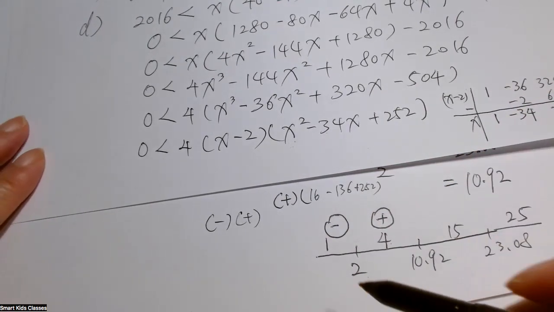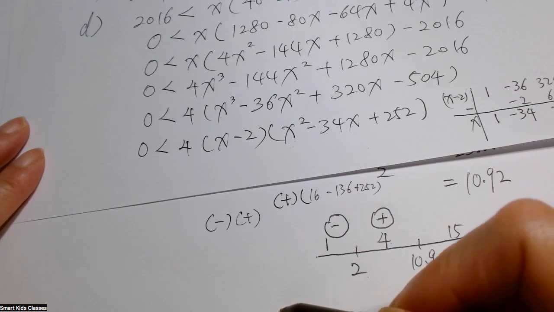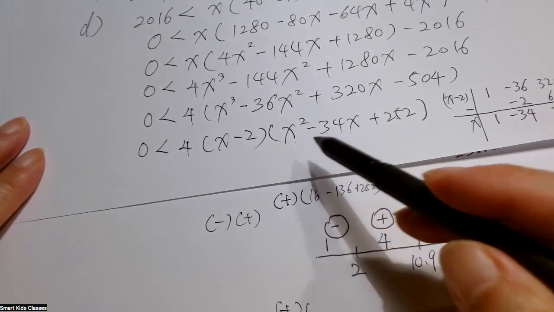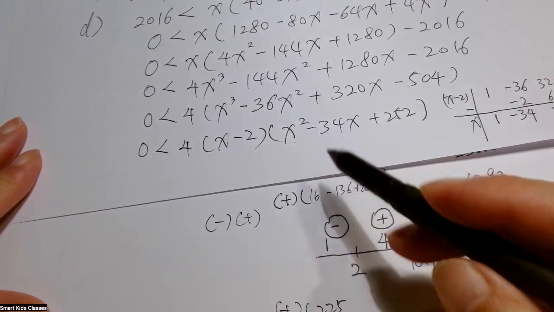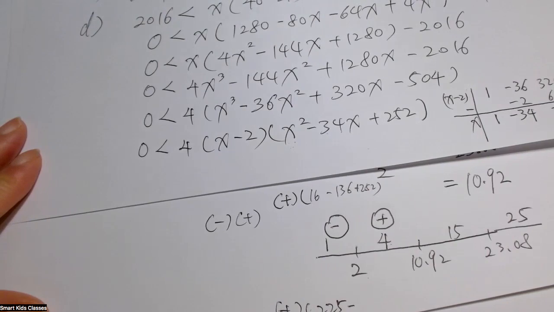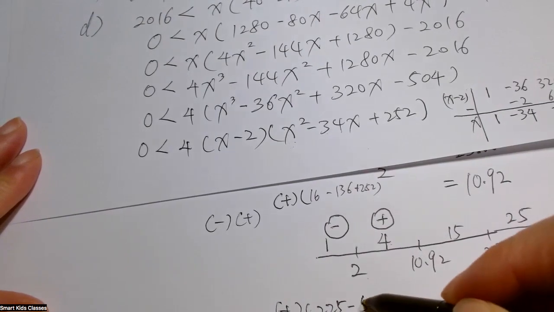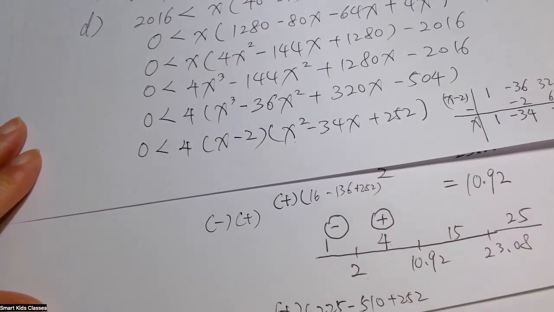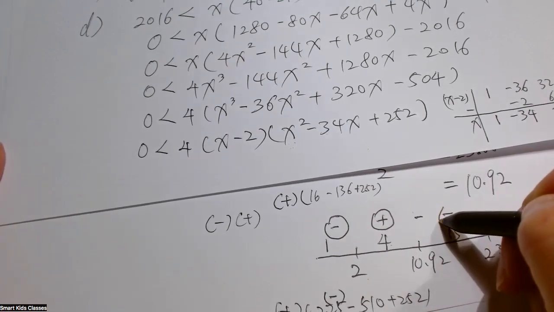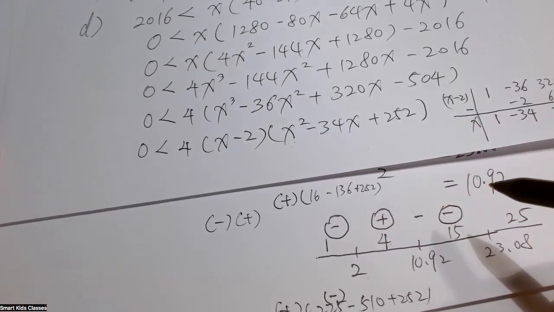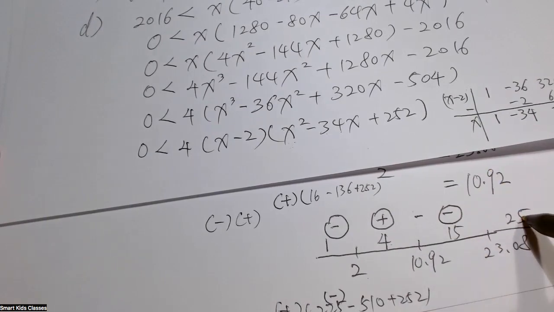How about 15? We're going to write the test here. 15, we get positive. 15 squared is 225. 34 times 15, we got 510, and plus 252. So 225 is smaller, so we got a negative. The 15 here is a negative, it's not the solution. So let's try 25.